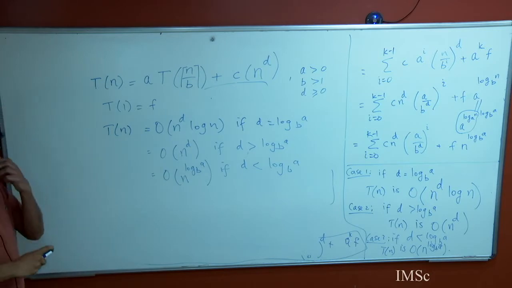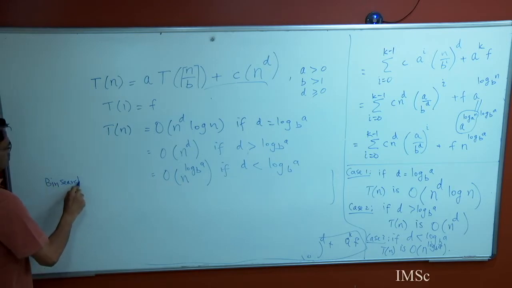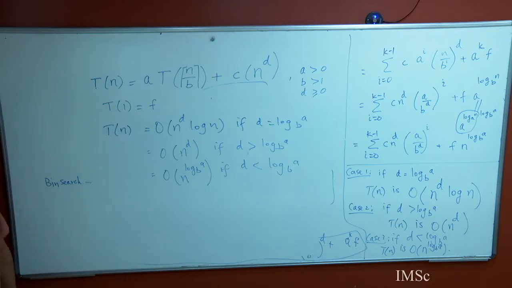Okay, so let's try binary search. So what is a, b, and d? You've just taken your problem and divided it into one problem of half the size after performing one comparison.